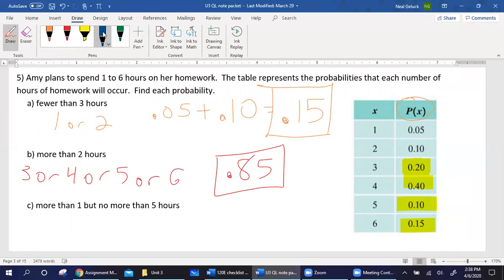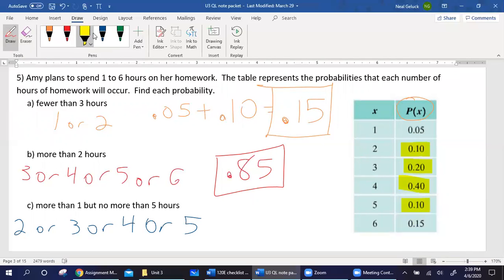On letter C, the probability of more than 1, but no more than 5. More than 1, so 2 or 3 or 4, but no more than 5 does include 5. So this time I'm adding the probabilities of 2, 3, 4, and 5. And if you add those up, you end up with 0.8 or an 80% chance.